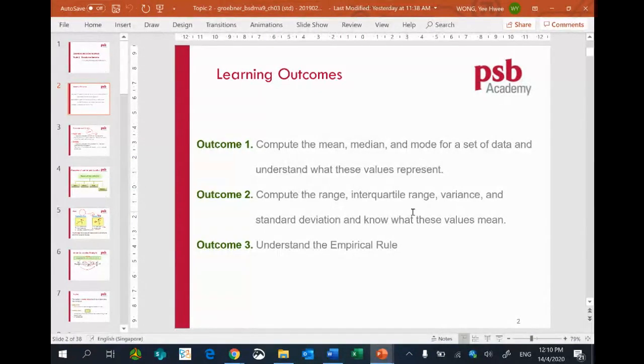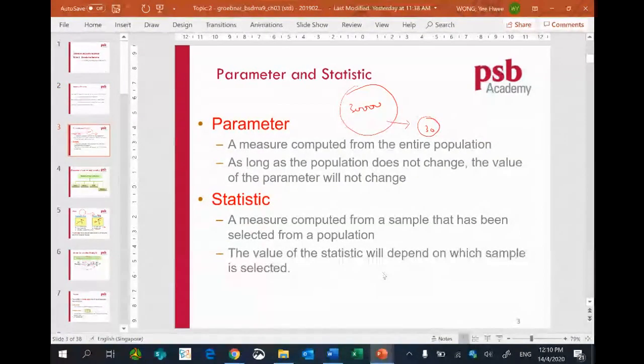So you have interquartile range as well, you have variance and you have standard deviation. The third one is we combine the first item, which is the mean, and the second item, which is the standard deviation, and introduce a rule to you, which is the empirical rule. All right. So the parameter belongs to the population. Just remember, statistics belongs to the sample.